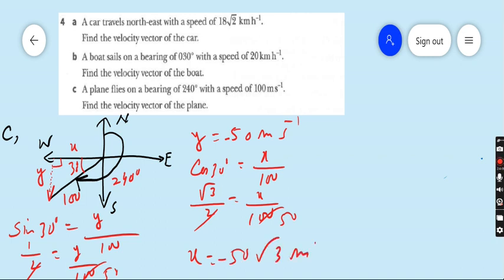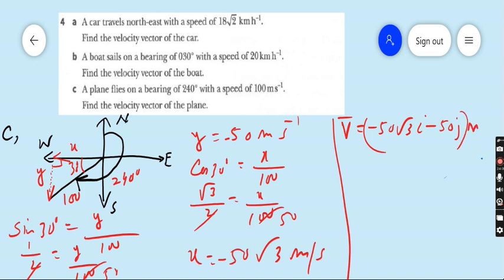And this is also negative because we are going from the origin to the left-hand side, and the left side of the origin is the negative x-axis. Hence the velocity vector is xi plus yj, that is minus 50 root 3 i, and y is also minus, so minus 50 j meters per second.